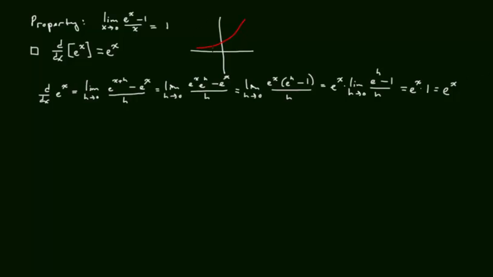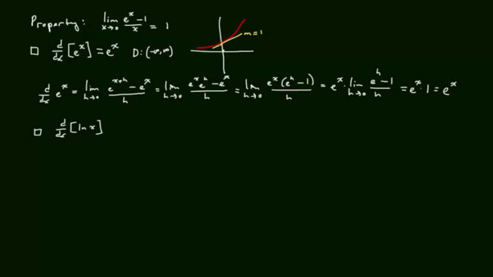So if I drew a tangent here at x equals 0, the value e to the 0 is 1. That's also telling me that the slope at 0 is equal to 1. Pretty neat. It's also important to note that the domain is that x can be any real number.